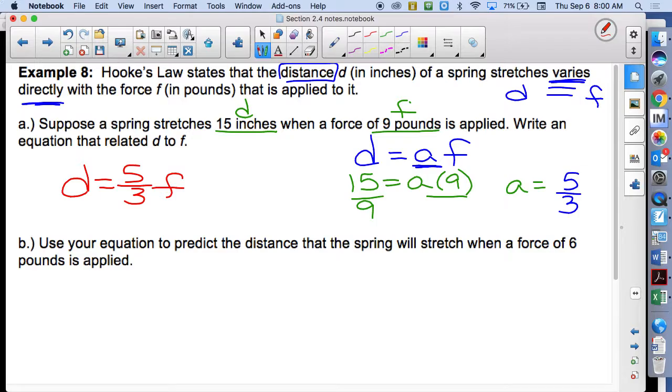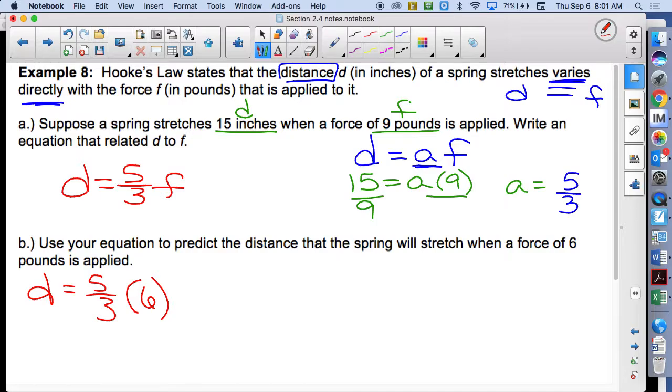So part B, use the equation to predict the distance that the spring will stretch if you apply 6 pounds of force. Now that we have this constant, this slope, we can find the distance based off a certain amount of pounds that you're applying to this spring. So now I'm only applying 6 pounds instead of 9.